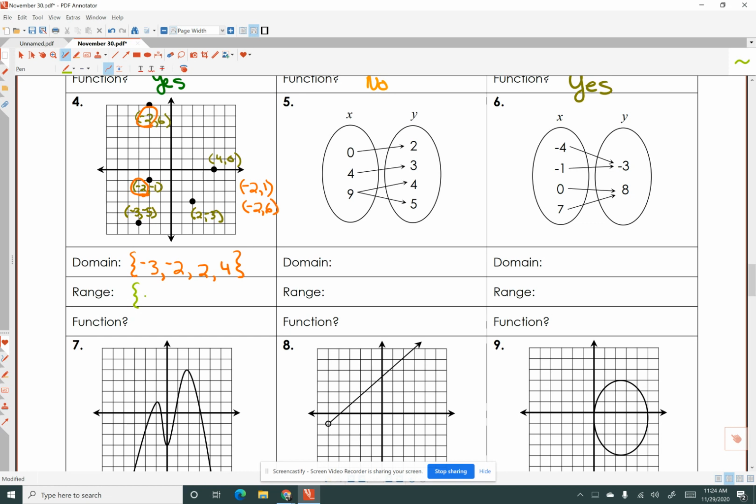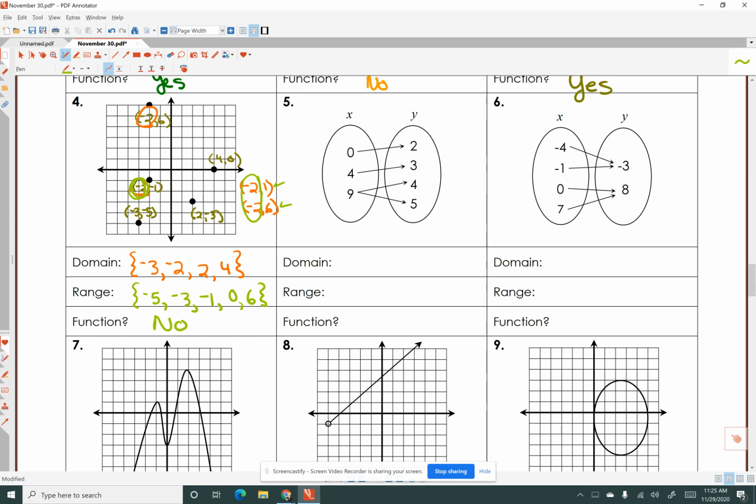This is the y values. -3, -1, 0, and 6. And because we have a domain value with more than one, here it is, I'll circle it over here, with more than one y value, this is not a function.